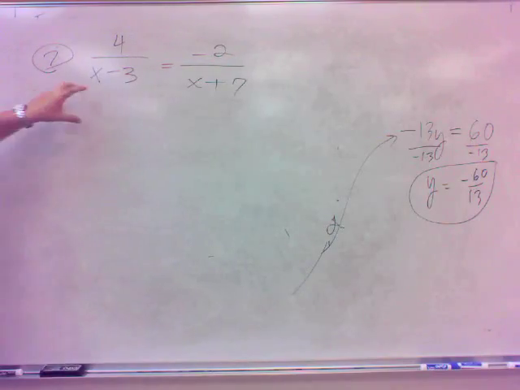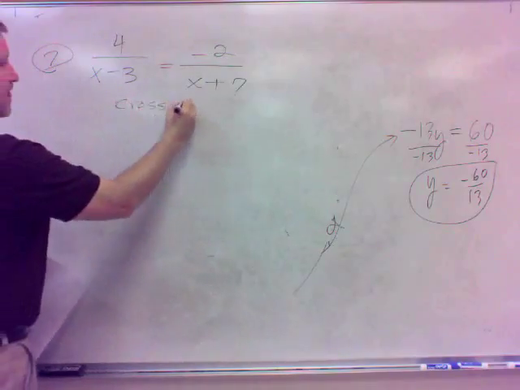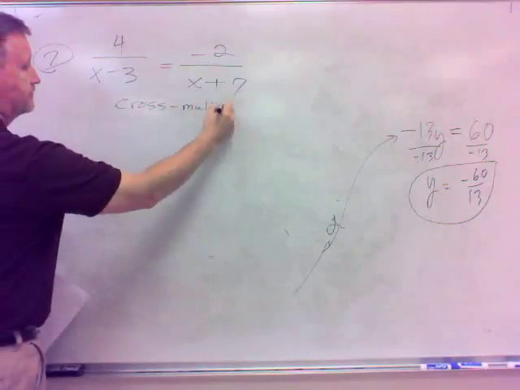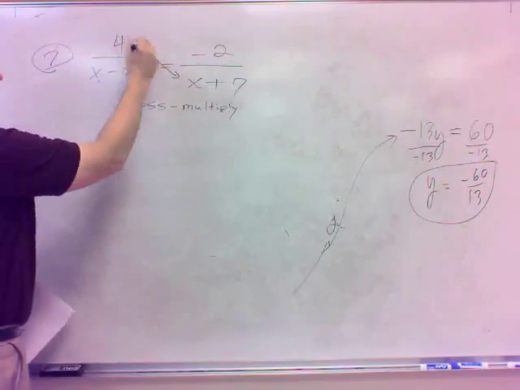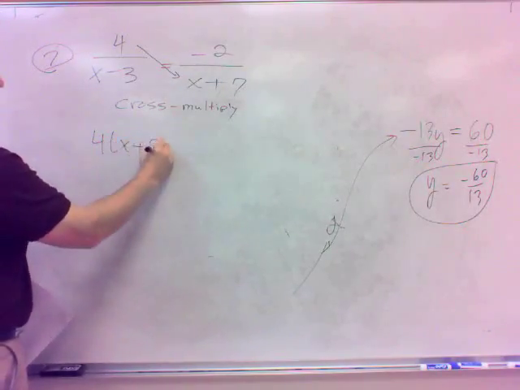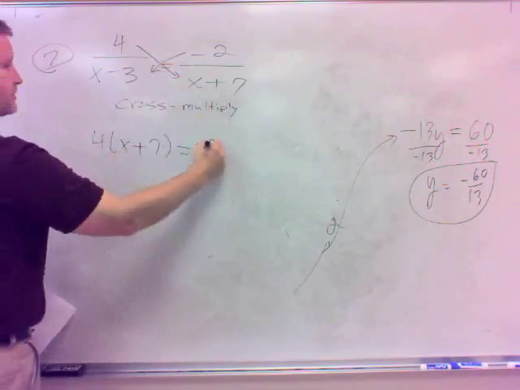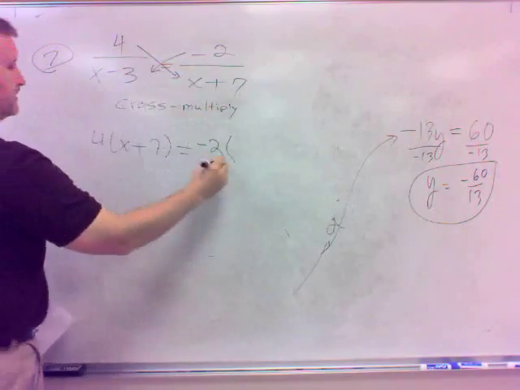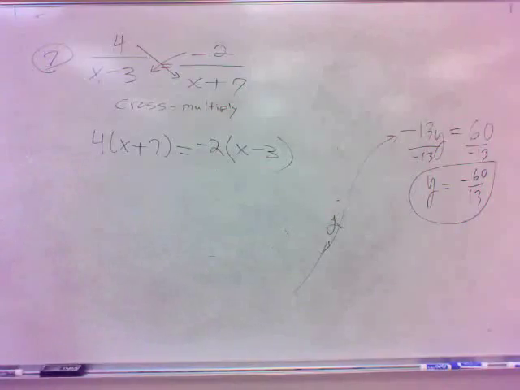If you have one fraction equals another fraction, just one fraction on each side, you can use a little thing we call cross multiply. Just like it sounds, multiply across. We've got top here times bottom over there, so it's 4 times x plus 7. Then the top over here, negative 2, times the bottom over here, which is x minus 3. And those two cross products are equal.